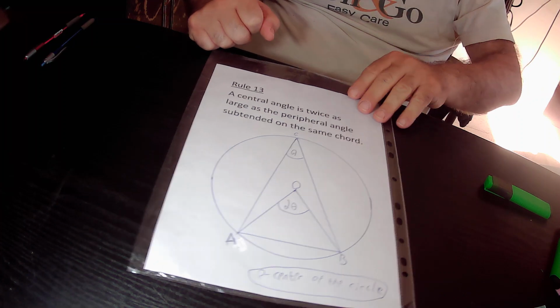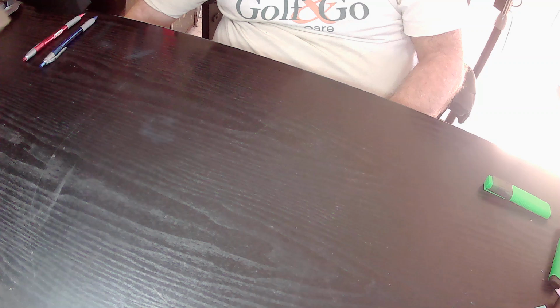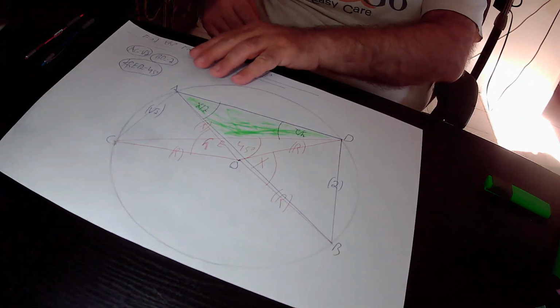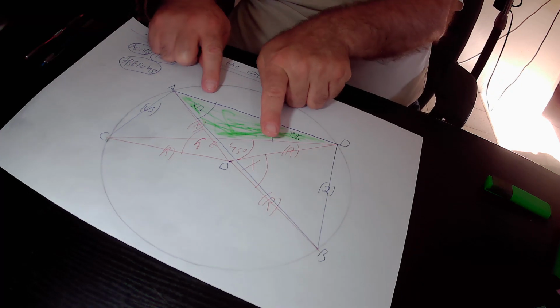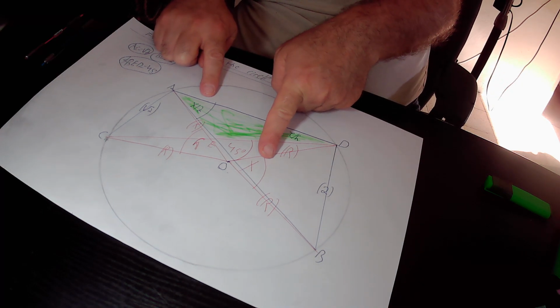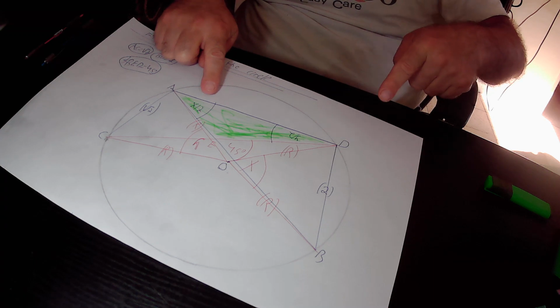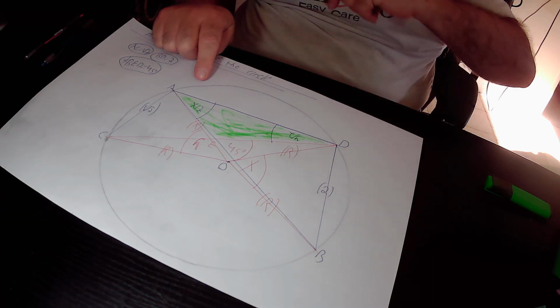Okay, so we can actually implement rule 13 in our drawing. Why? Because in our drawing we have those two angles, they both subtend on the same chord DB.